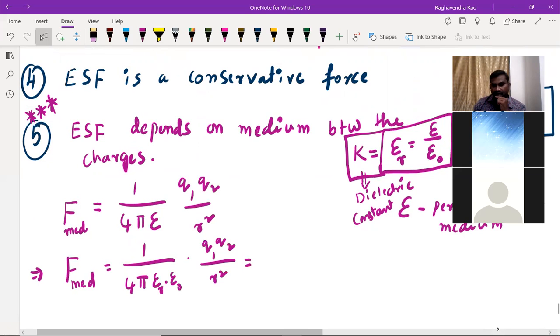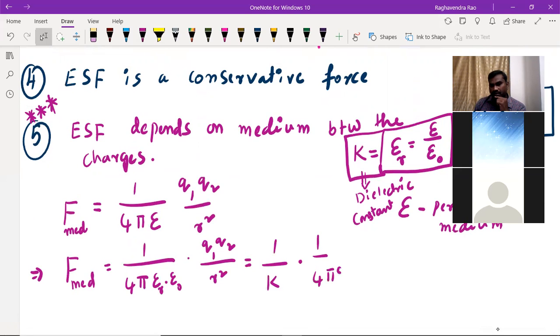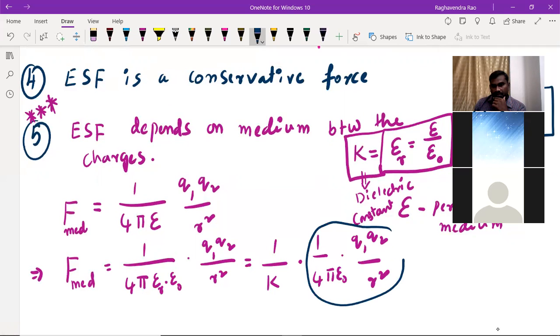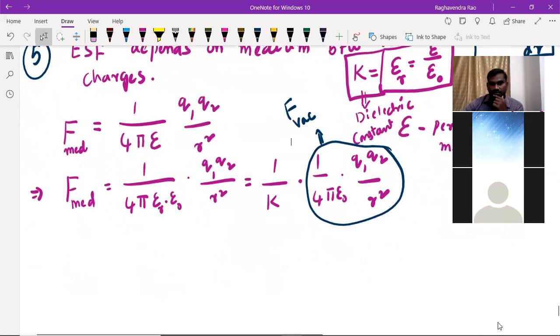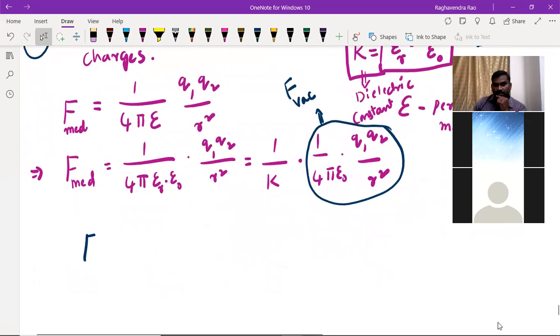Epsilon r is nothing but K, so it is 1 by K times 1 by 4 pi epsilon naught, Q1 Q2 by r square. That latter term is the force between the charges when placed in vacuum. So F medium is equal to F vacuum by K.